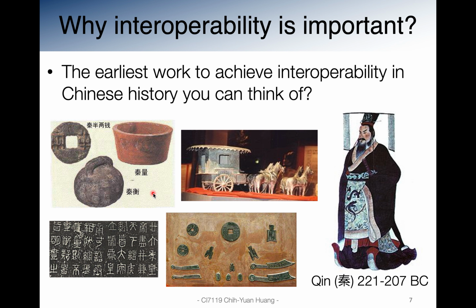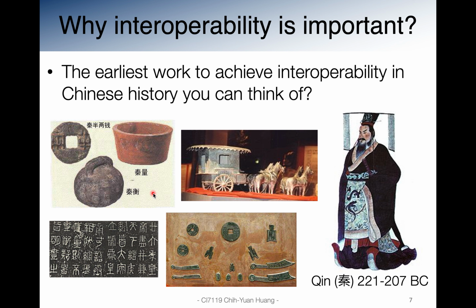So as you can see, the reason they wanted to do this is because across different countries there were a lot of different standards, and it was very difficult to communicate with each other or to achieve interoperability across different countries.